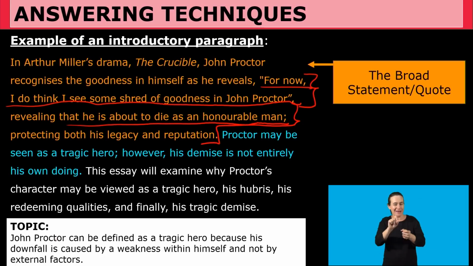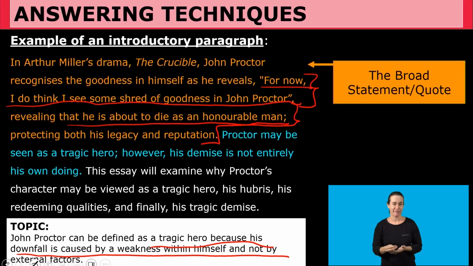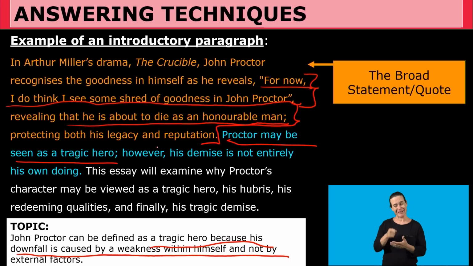Now, let's quickly look at the topic, because our thesis statement is often based on our topic. John Proctor can be defined as a tragic hero because his downfall is caused by a weakness within himself and not by external factors. So, our thesis statement says, Proctor may be seen as a tragic hero.